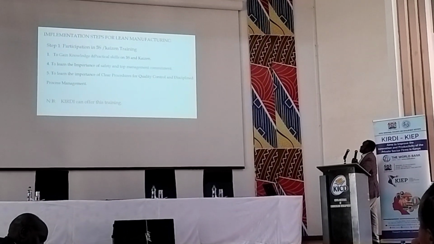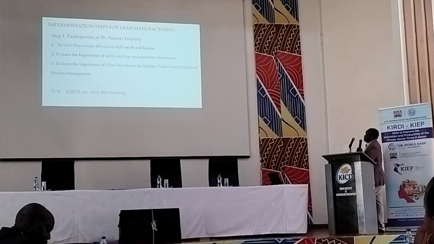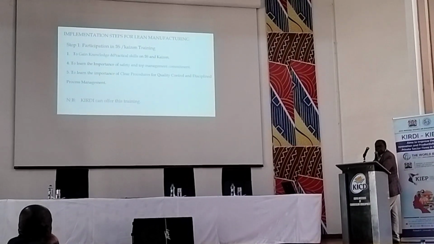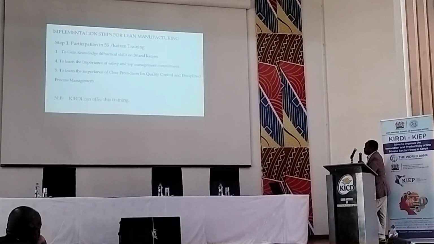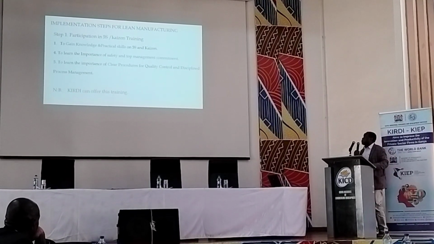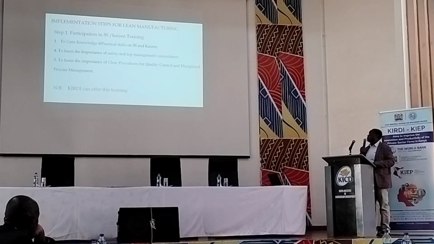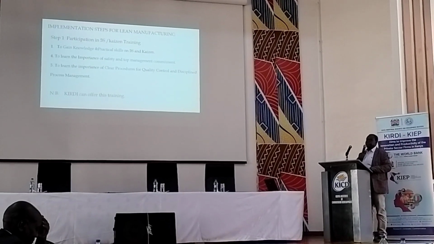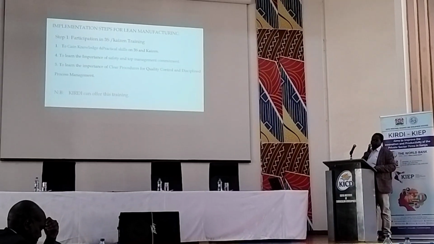Because you are going to gain knowledge and skills in 5S, and also you are going to learn the importance of safety and the importance of top management involvement or commitment. Also, we are going to learn the importance of clear work procedures. So I've noted there that we can offer this training to private organizations.